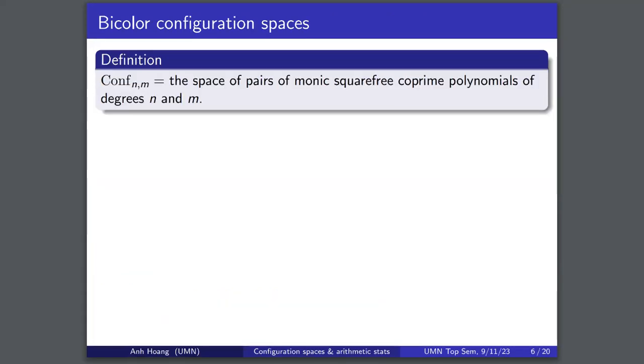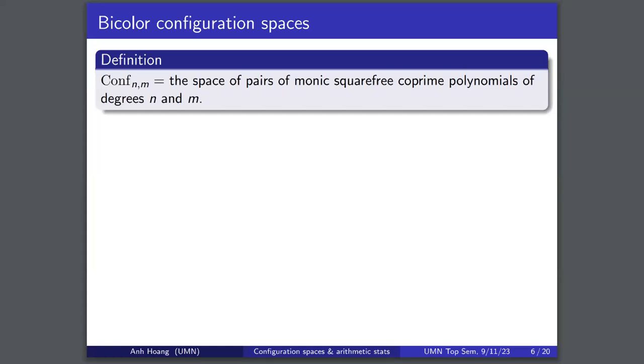All right, so that is the problem, and it turns out that we can approach this from topology. Surprise, surprise. In particular, our main topological object here is the bicolor configuration spaces. Again, I'll start with a more arithmetic way of defining this. Define Conf_{n,m} to be the space of pairs of monic square-free coprime polynomials of degrees n and m.